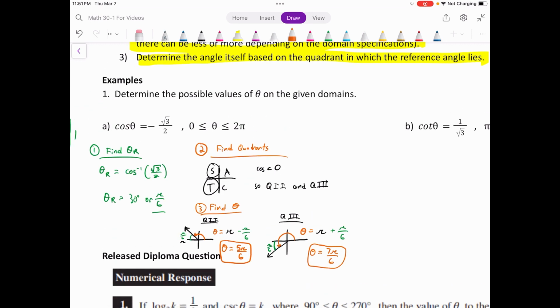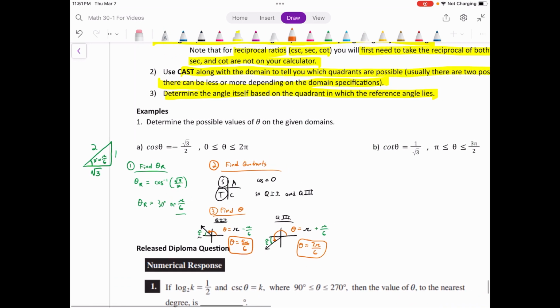Notice, right, follow these steps in the reverse order, and it's what we were just doing. Here we were given the ratio, and so we said what special triangle or special angle would give us that ratio, and based on that, what's our reference angle, right? And based on that reference angle, in which quadrants would angles with that reference angle be negative, because our ratio is negative?